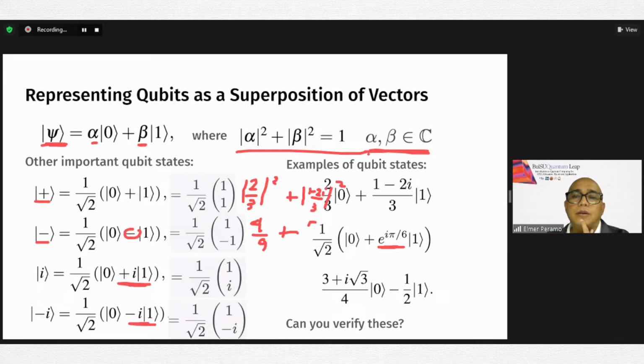I hope you're able to follow why I came up with 5 over 9: 1 squared and then 2 squared, so 1 plus 4 gives 5, and 3 squared is 9. So 4 over 9 plus 5 over 9 equals 1. So this is checked. That's how you check if these are valid qubit states.